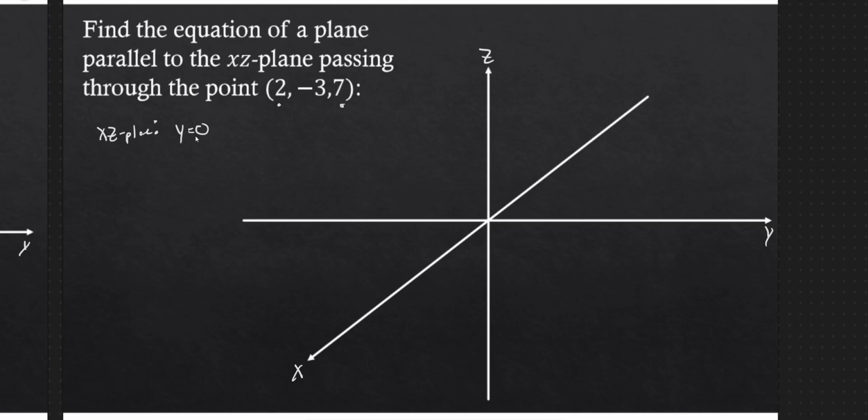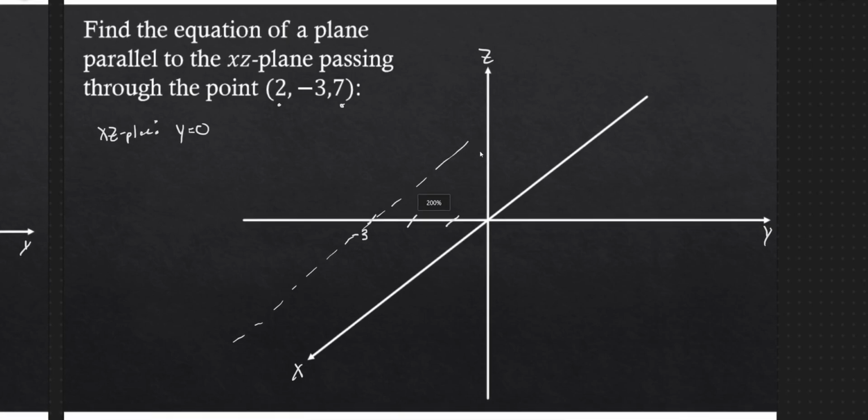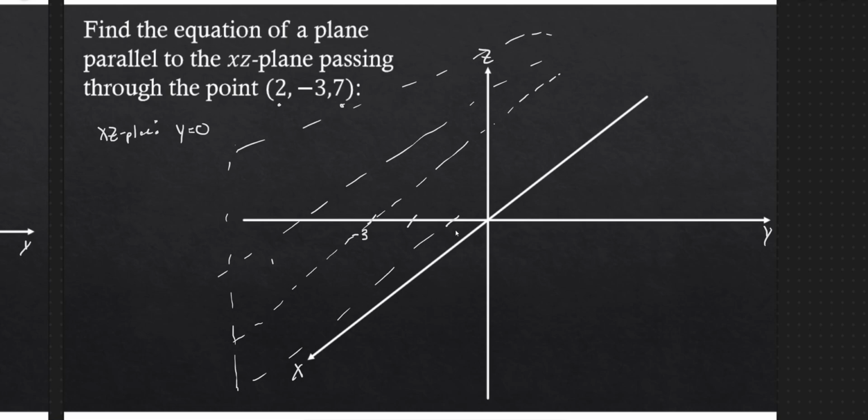So rather than y equals 0, our coordinate plane, I want to shift that over 1, 2, 3 in the negative y direction, and I want a plane there. So I want a plane that involves these lines going up, down, however I want. I want that plane that passes through y equal to -3.